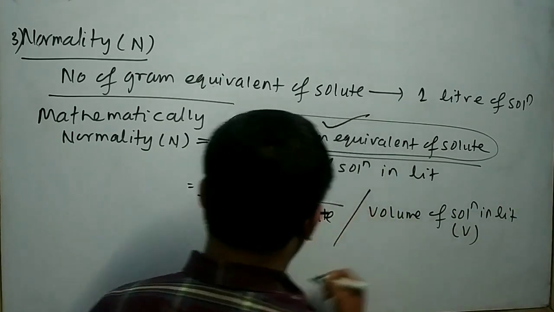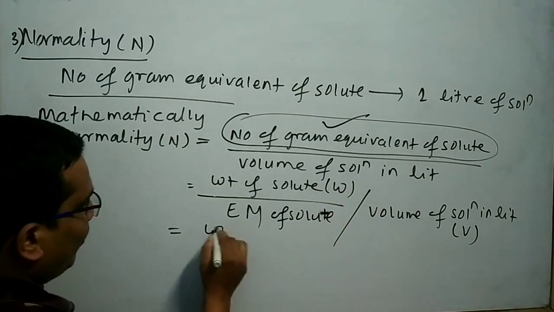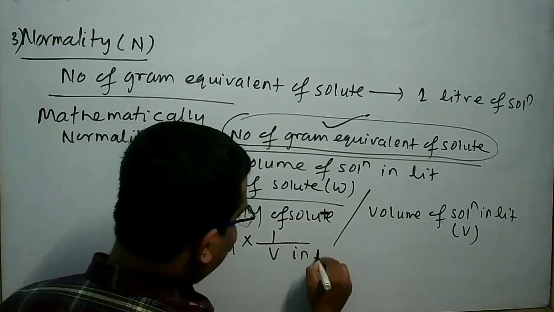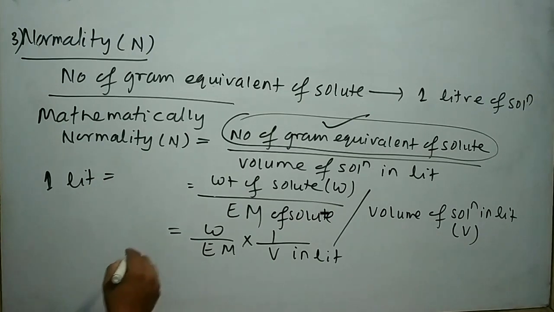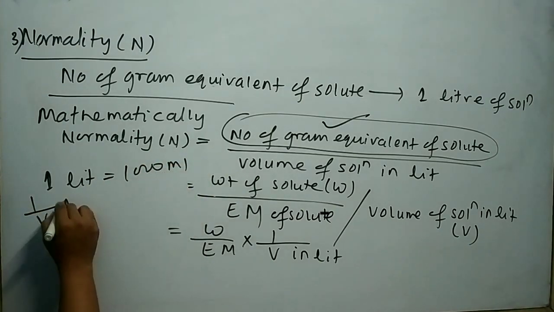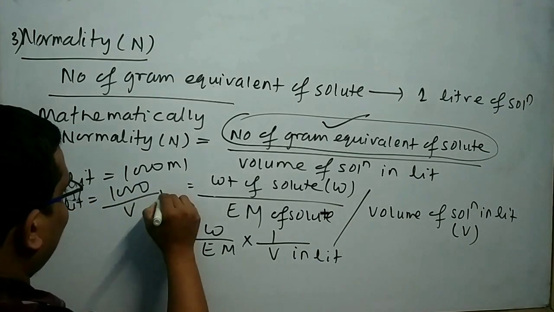Suppose this is V and this is W, then I can write W by EM into 1 by V in liter. We know that 1 liter equals 1000 ml, so 1 by V liter equals 1000 by V ml.